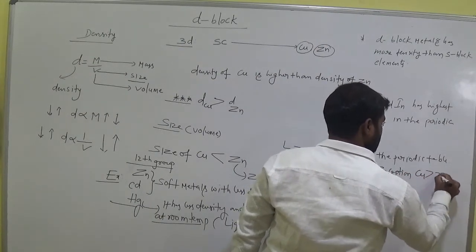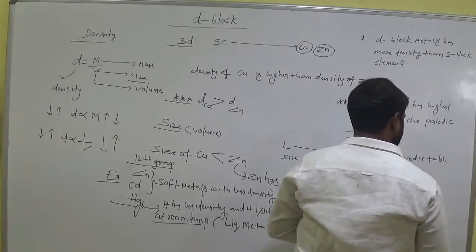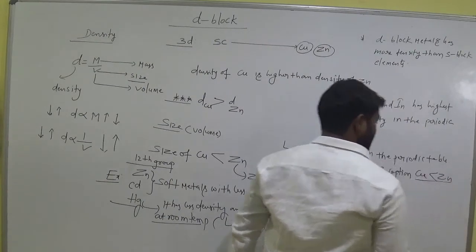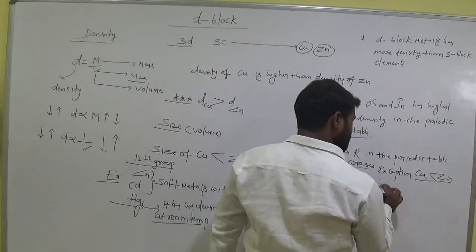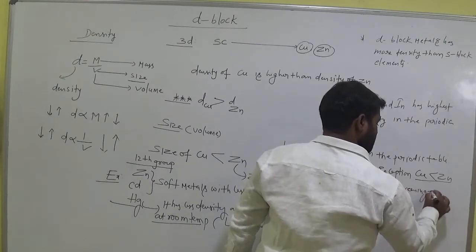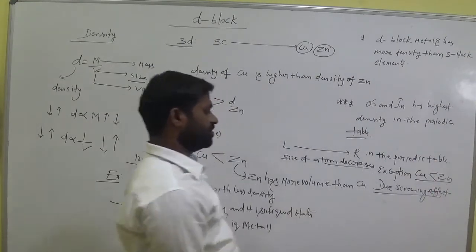Copper has less size than zinc. There is an exception condition due to the screening effect. We discussed this in the previous class.